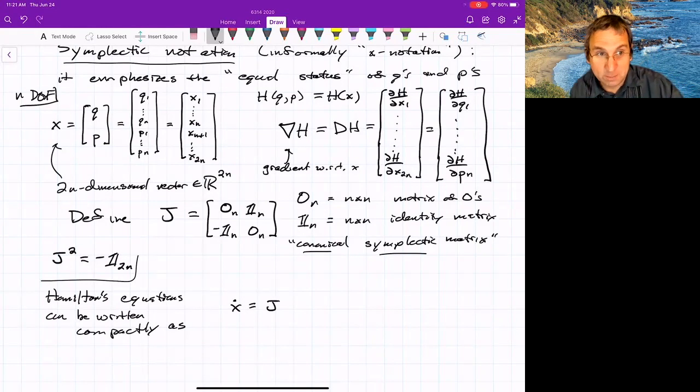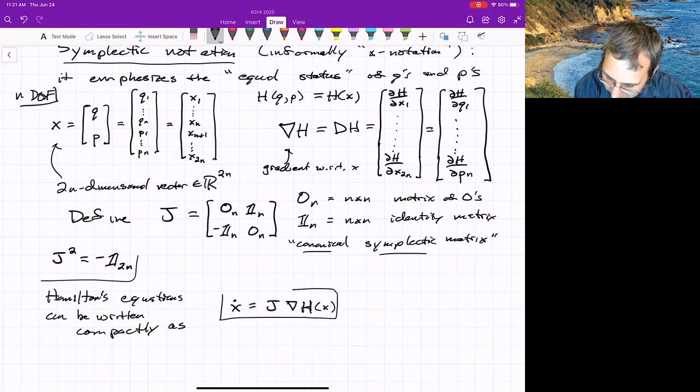This is a 2n by 2n matrix times the gradient of H. And the gradient of H is typically a function of x. So x dot is a 2n-dimensional vector. J times gradient of H is a 2n-dimensional vector. So this is a really nice, compact way to write Hamilton's equations.